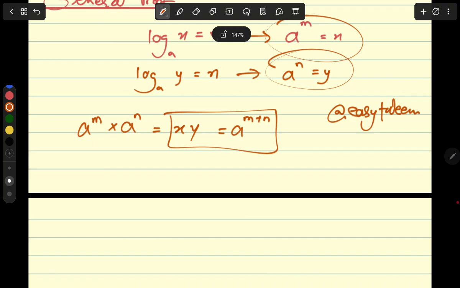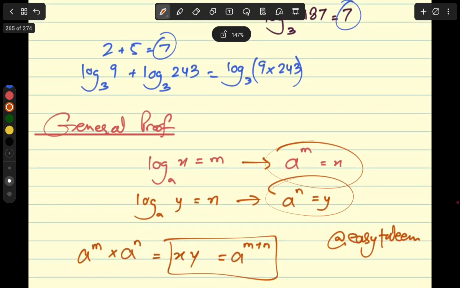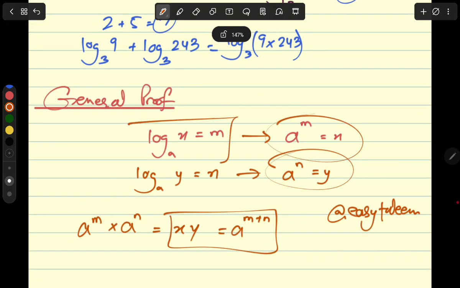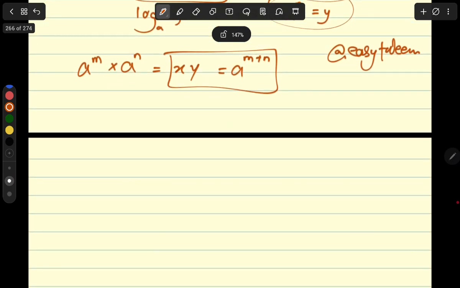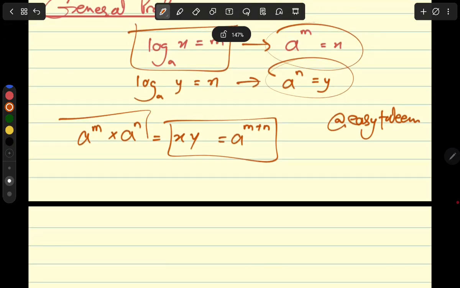Now, if I convert this into logarithmic form, this becomes log xy to the base of a is equal to m plus n, right?